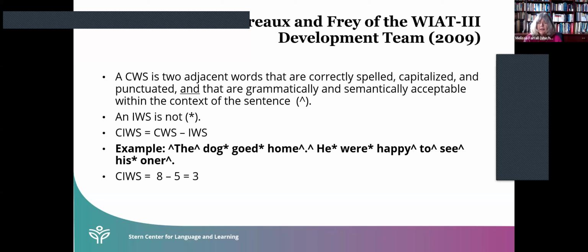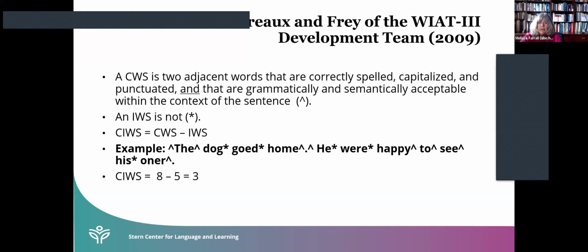So a correct word sequence: two adjacent words that are correctly spelled, capitalized, and punctuated. Okay. And that are grammatically and semantically acceptable within the context of a sentence. An incorrect word sequence does not meet this criteria.